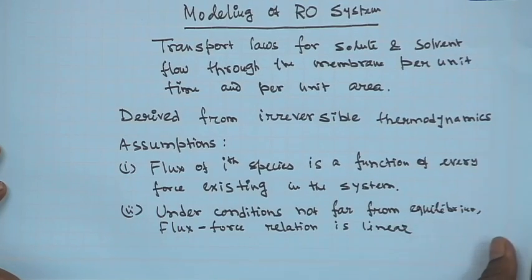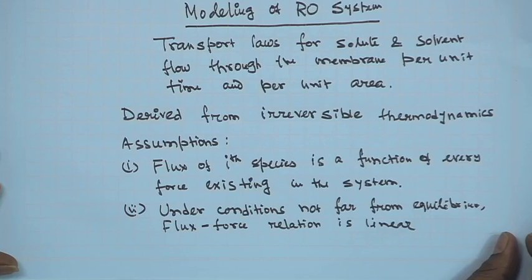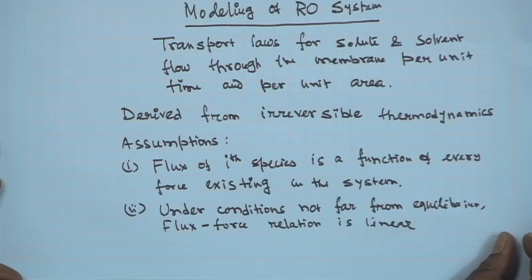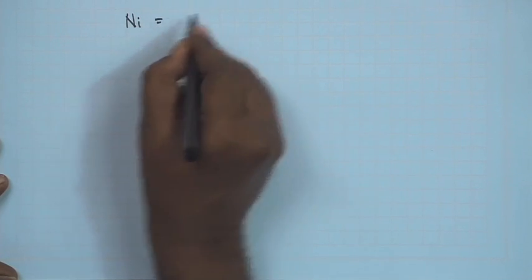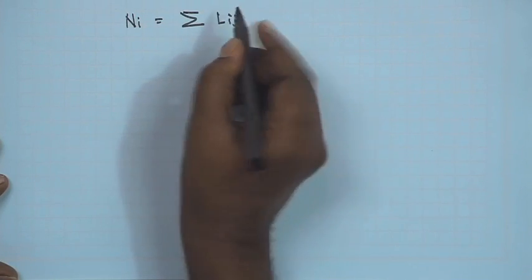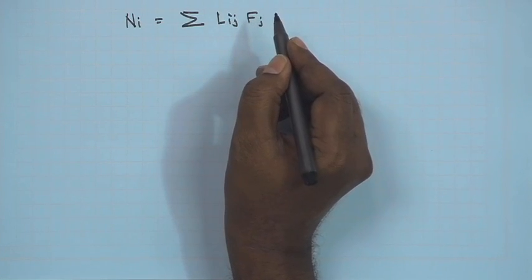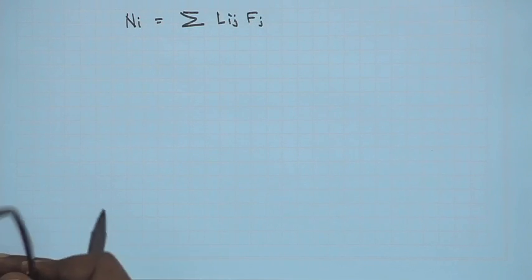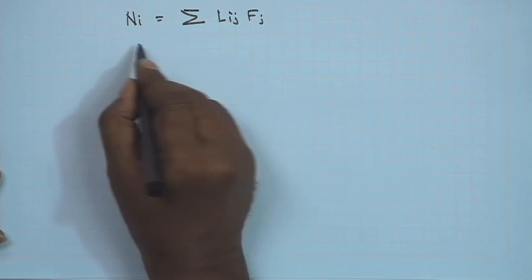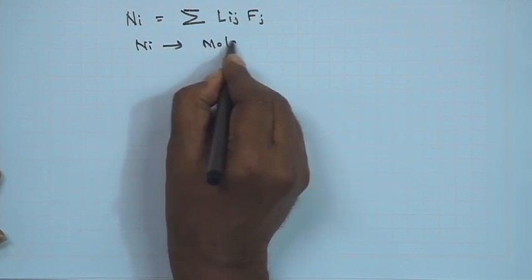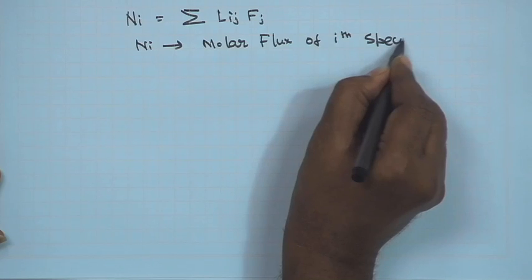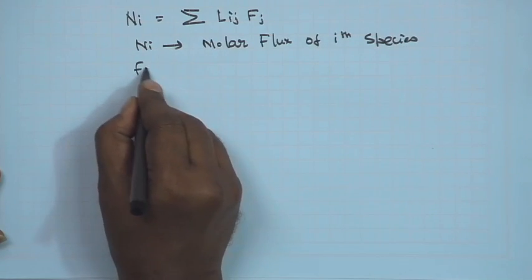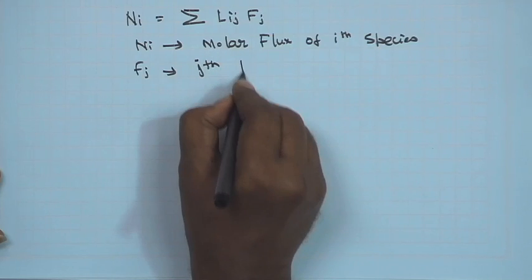So, that means, if we consider that the flux is proportional to the driving force and that relationship is linear, if we consider not far from equilibrium, we can write that N_i, the solute flux, is the summation of L_ij times F_j, where N_i is the molar flux of the ith species and F_j is the jth driving force.